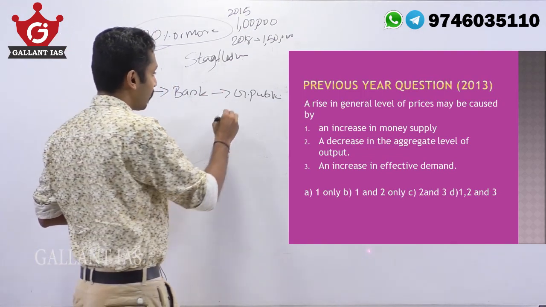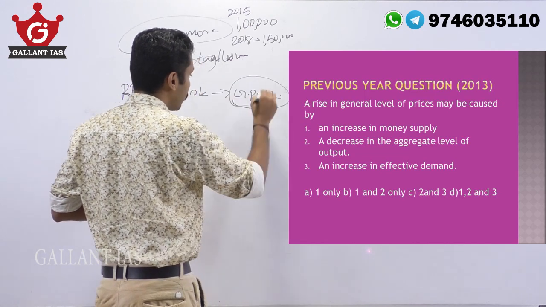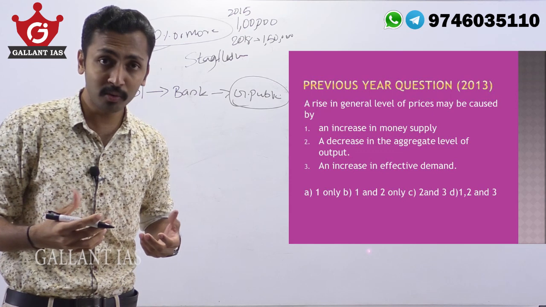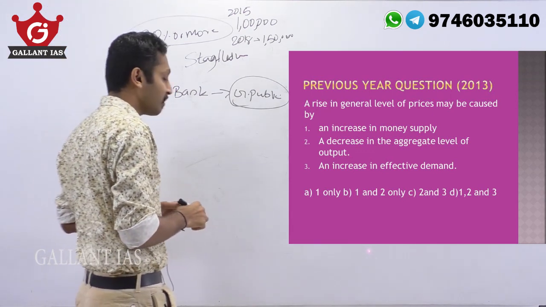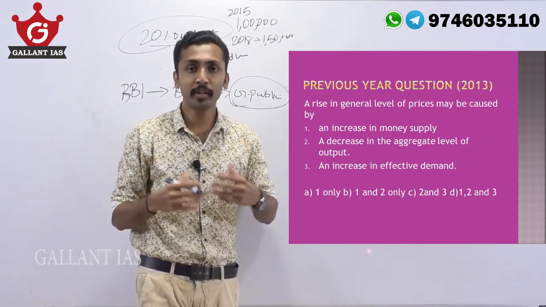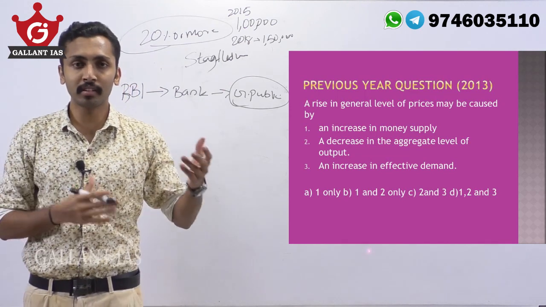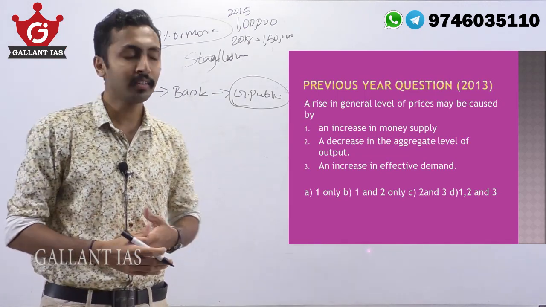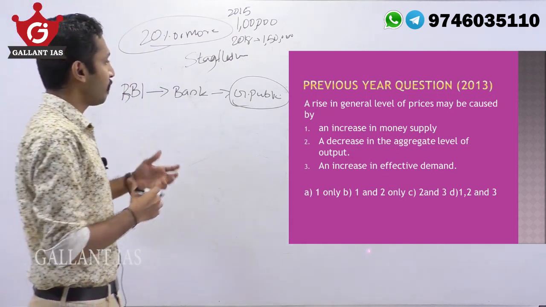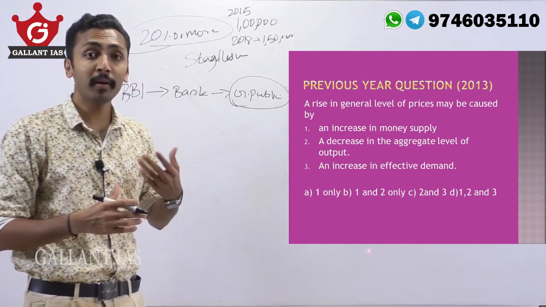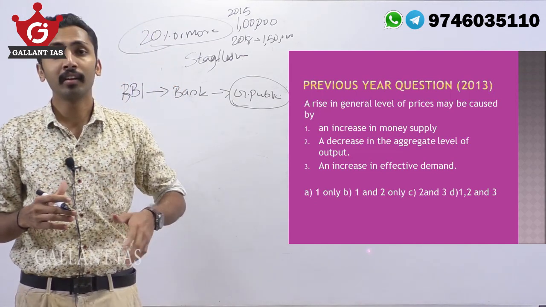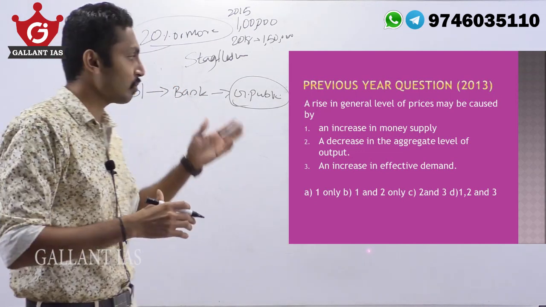The general public will have more money. If you and I have more money, what will we do? We will purchase more goods and services, laptop, computer, TV, car, whatever items we want. That more purchase will lead to more demand. Demand will lead to an increase in the general price level, and that leads to inflation.